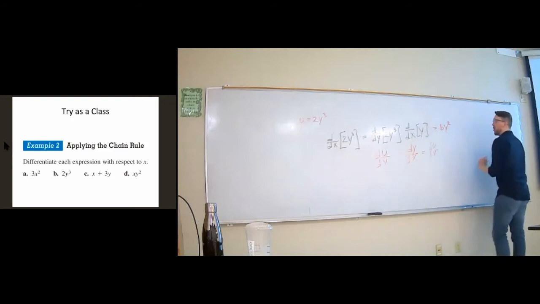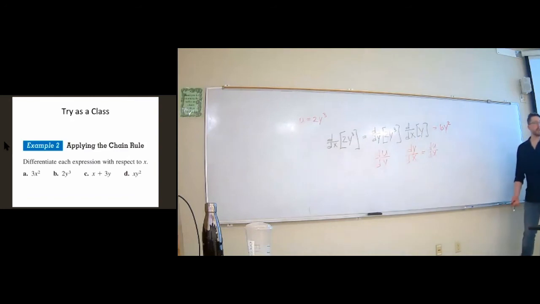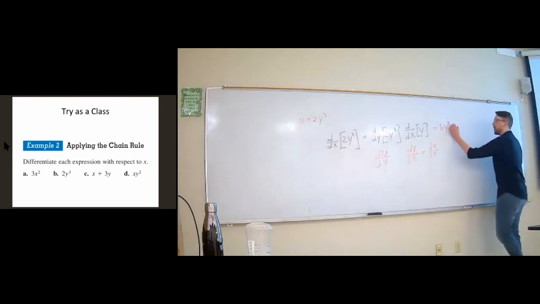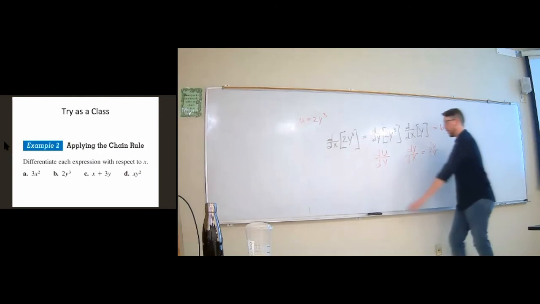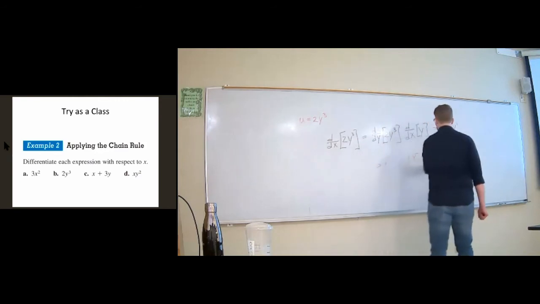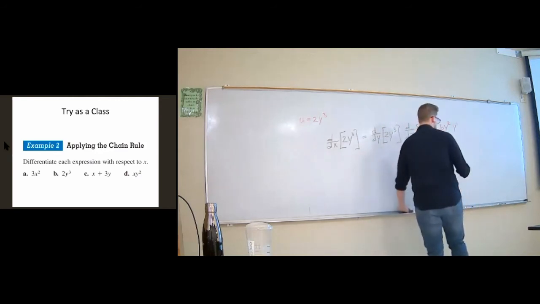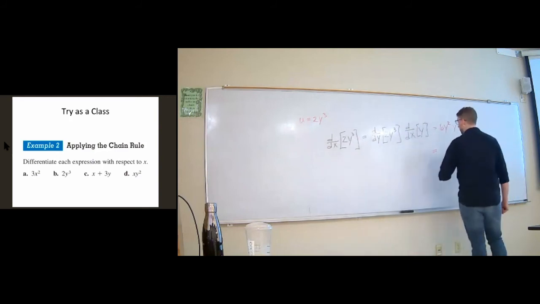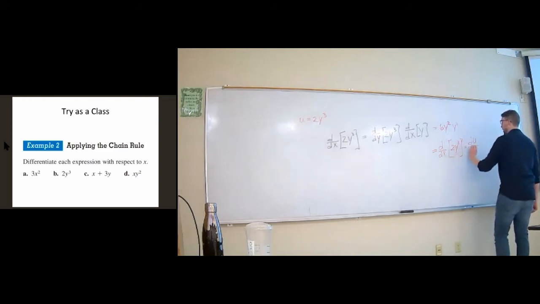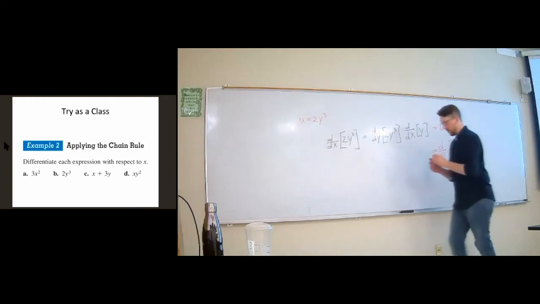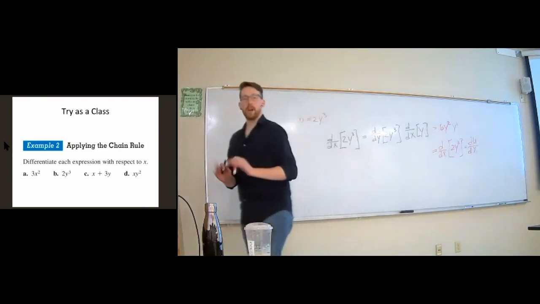The second term, we can't actually define explicitly, right? We're just going to have to write y prime. And that's it. This is equal to d/dx of 2y cubed, or you can write it as du/dx. Is everybody cool with this?